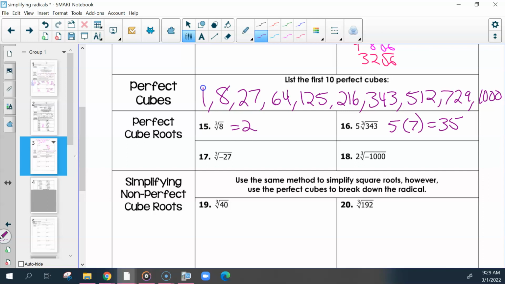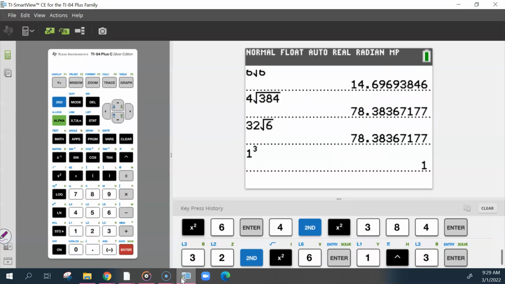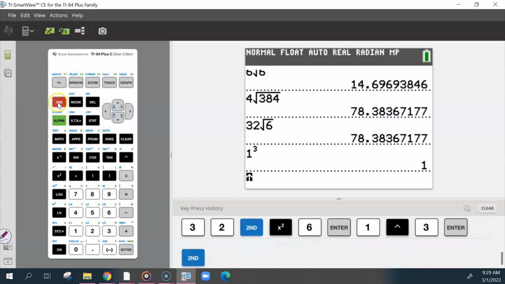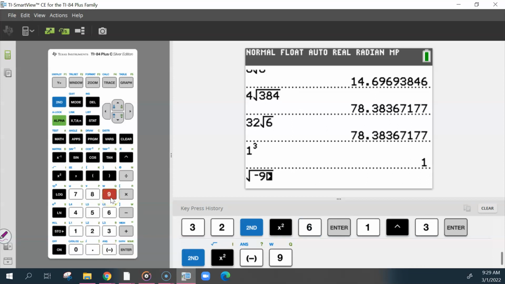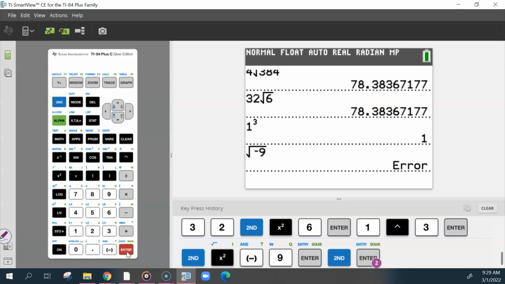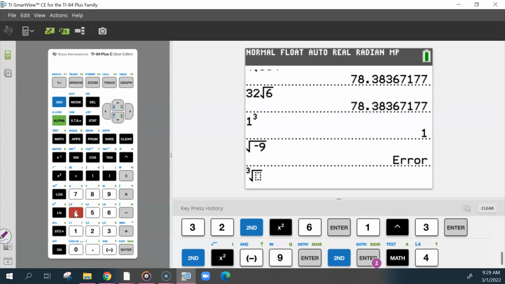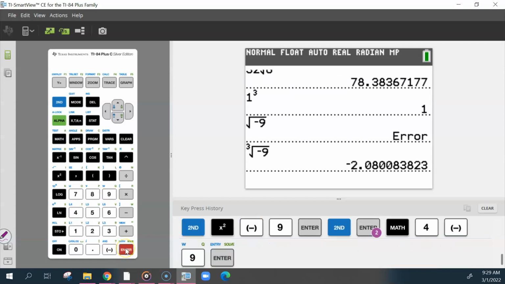Now, I don't think I did this with the others, but really quickly, in your calculator, do the square root of any perfect square that you want, but make it negative. So the square root of -9. Okay. So square roots cannot have negative numbers. But if we were to do the cube root of -8, that works no problem.